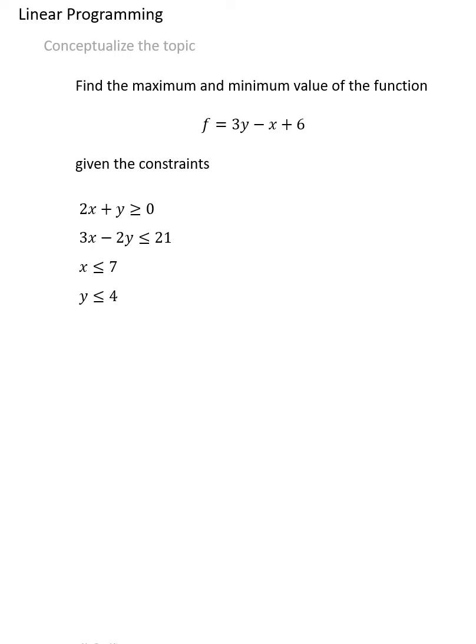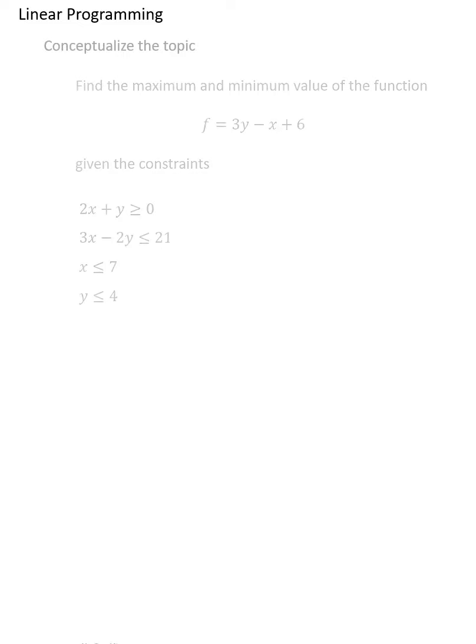So the question now becomes, how can we go about this in a strategic, methodical way without having to pick random numbers and just hoping to get the largest possible value? Well, that's what this video is about, and that's what we're going to move on to right now.